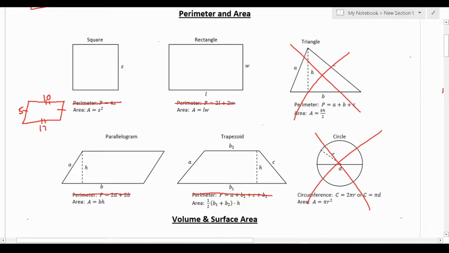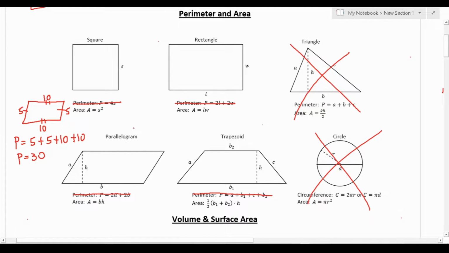So this is going to be 10 here. This is going to be 5 here. As I mentioned, to find the perimeter, you just add up all the sides. So this is simply 5 plus 5 plus 10 plus 10, which is 10 plus 10 plus 10, which is 30.